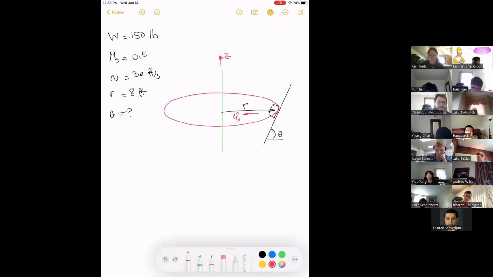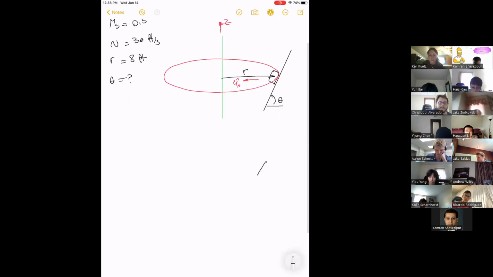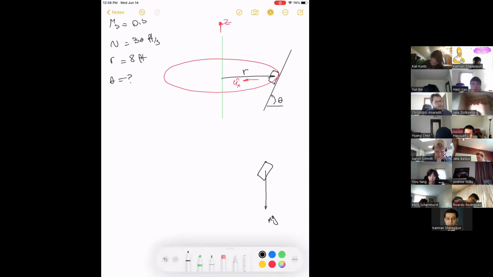If that's the case, I'm going to start with the free body diagram. This is the guy. You have gravity. You have normal force. And you have friction. Now you guys tell me, is the friction coming down or going up?